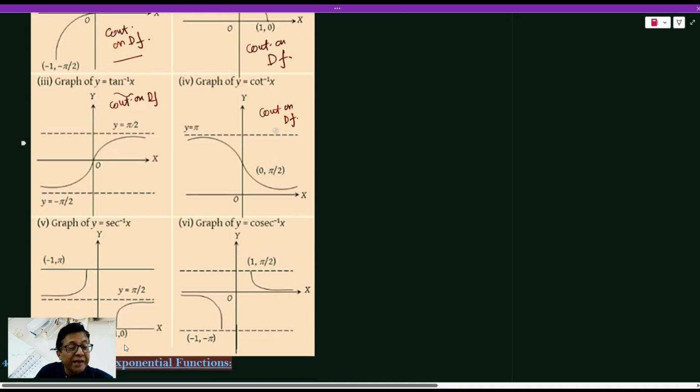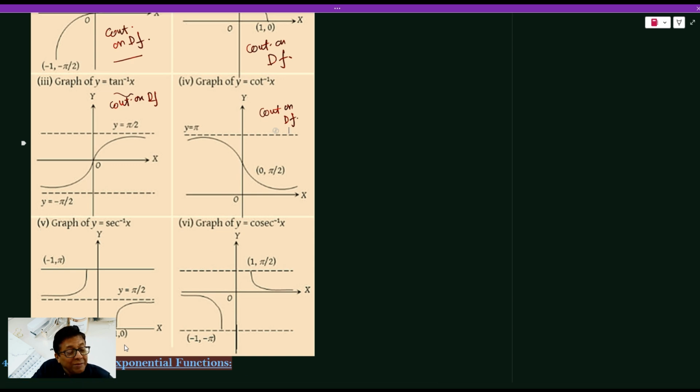Even sec inverse x. No. This is not continuous. Why? Because when you plot the graph of this function from infinity to this point, it is perfectly alright. Sec inverse x. But this one is origin, and sec inverse x cannot accept the value between -1 and 1.